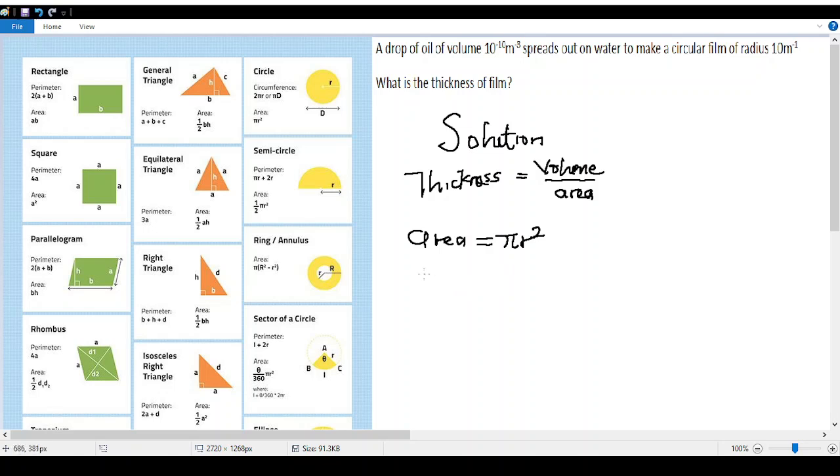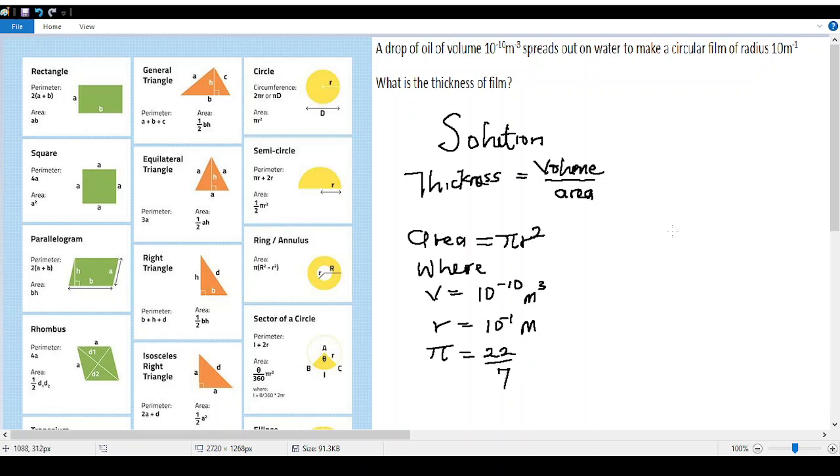We're going to keep that in mind, where V, the volume, is equal to 10 raised to the power minus 10 meter cube, and the radius is 10 raised to the power minus 1 meter. So makes it easier for us to solve. We already know that pi is equal to 22 over 7.